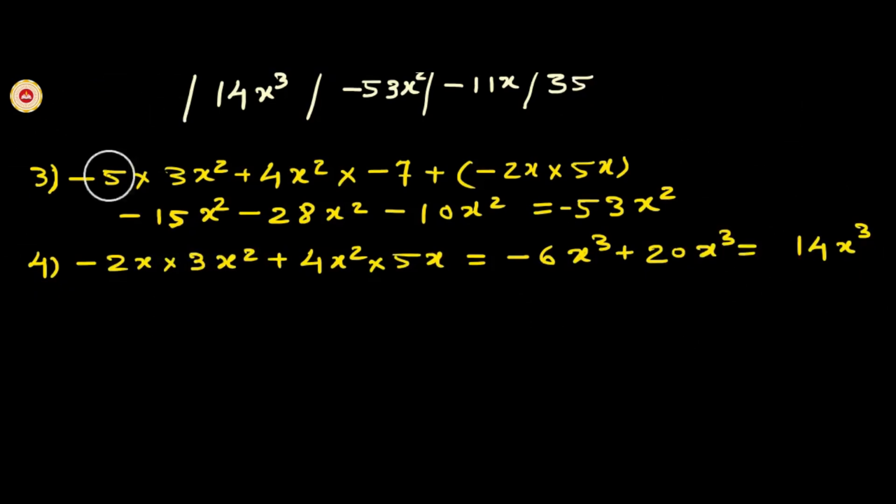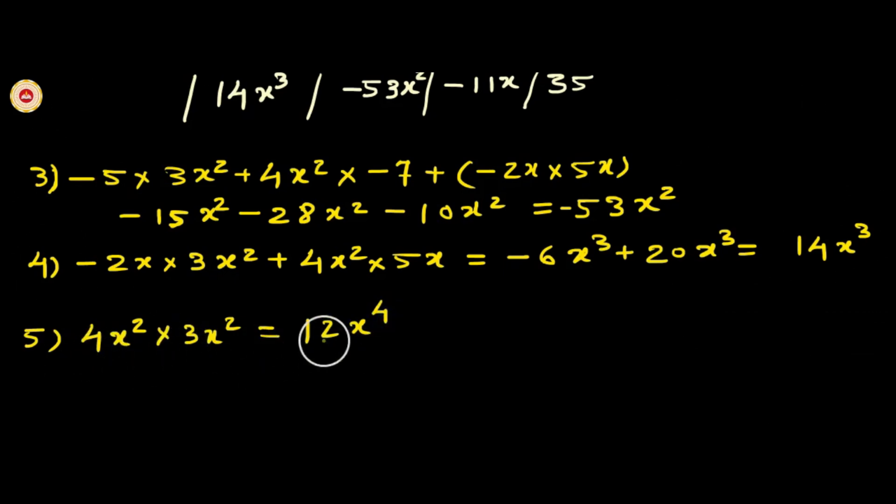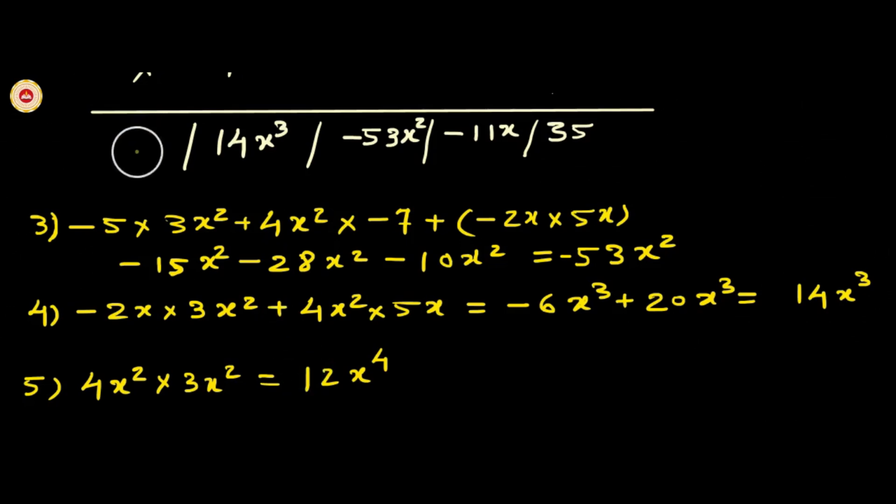Step number 5. 4x squared multiplied by 3x squared is equal to 12x to the power 4. See, 4 threes are 12 and x squared multiplied by x squared is x to the power 4. Okay, 12x to the power 4 is the fifth part.